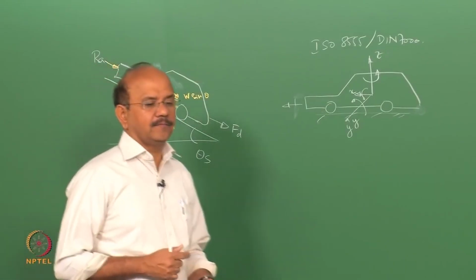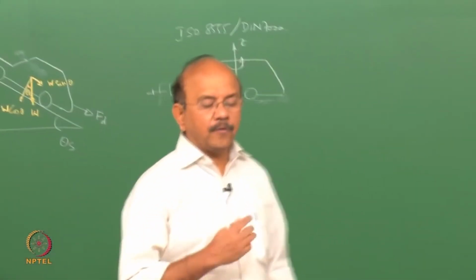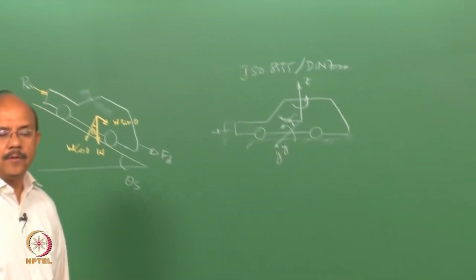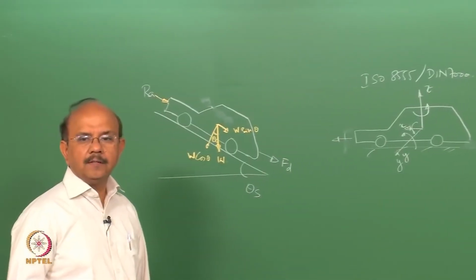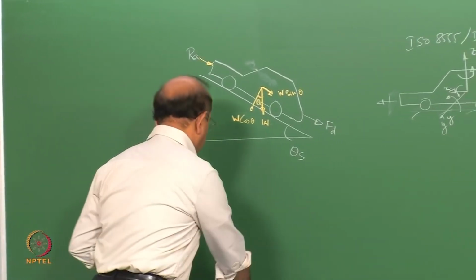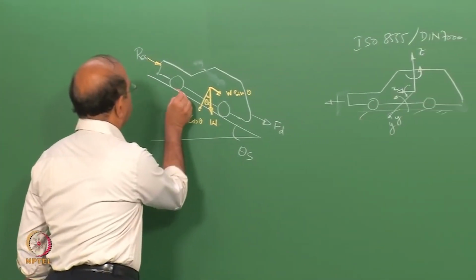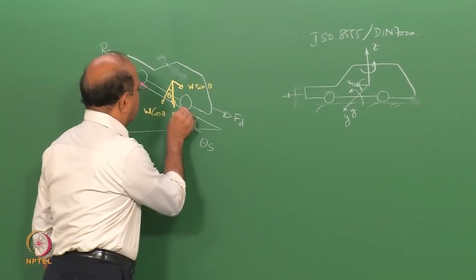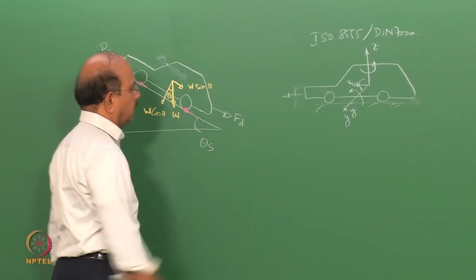So, if I'm going to accelerate, we need what is called the traction force. The traction force is now going to act in that direction. So, let's put the traction force in the front and the rear.